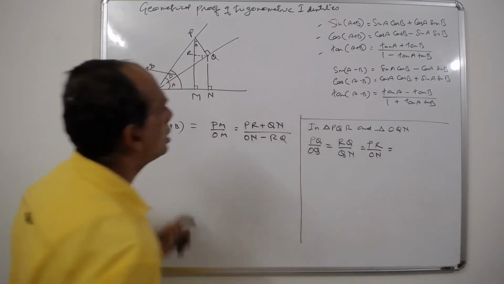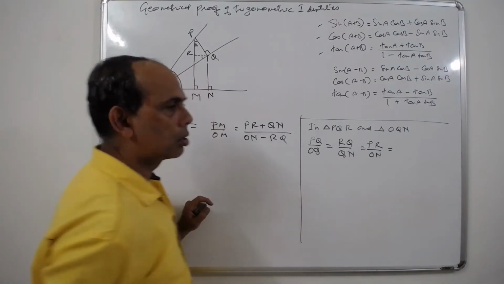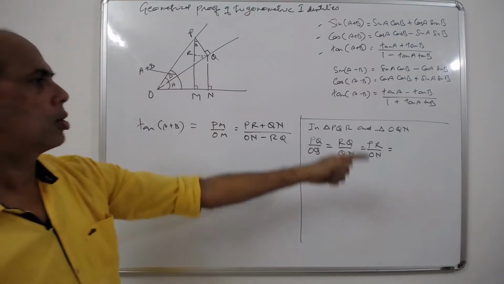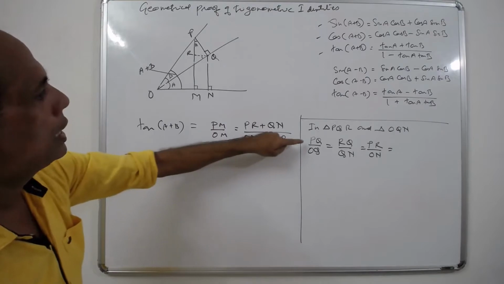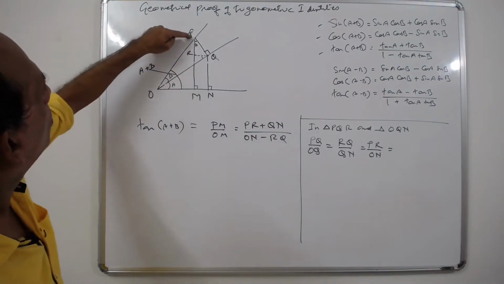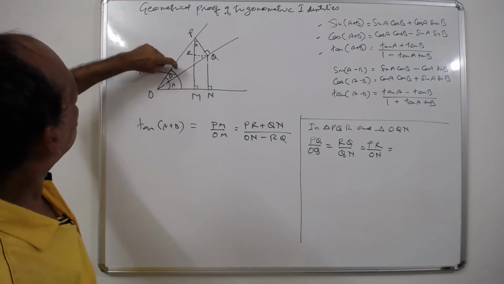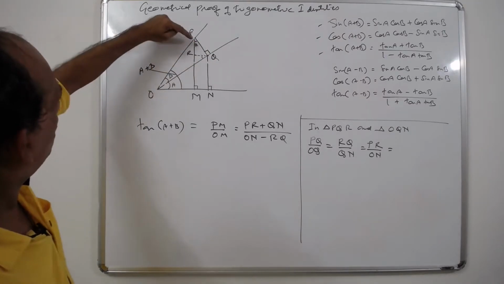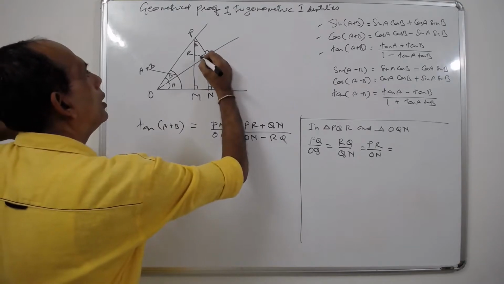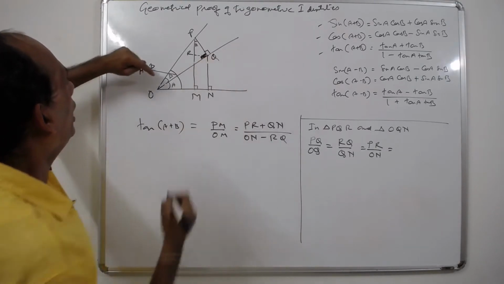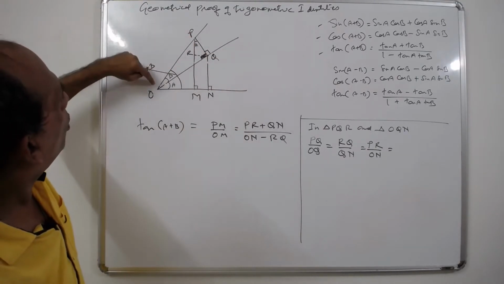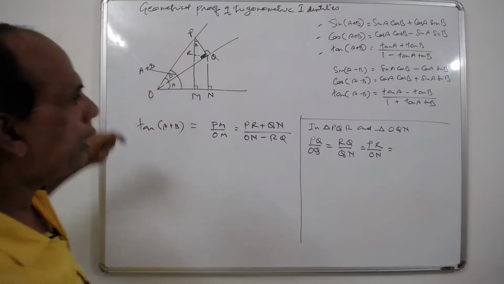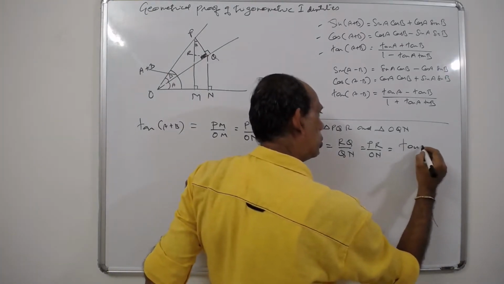Now if you watch closely, this ratio is constant because of the proportionality theorem. What is PQ upon OQ? Is it tan B? PQ upon OQ is tan B, because here we have a right angle and this is the hypotenuse. So we get this as tan B. We keep it safe.